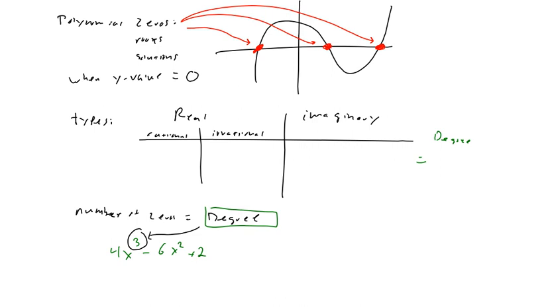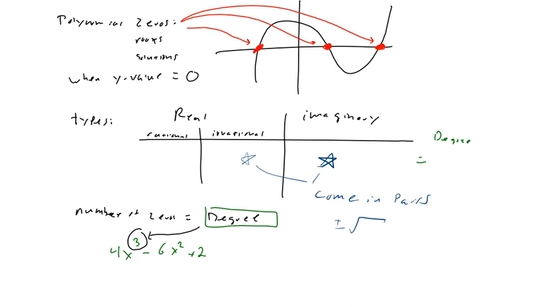And the last thing to remember is that irrational and imaginary roots must come in pairs because of the plus or minus square root in the quadratic formula. There's always 2 or 4 or 6. There's a positive one and a negative one.